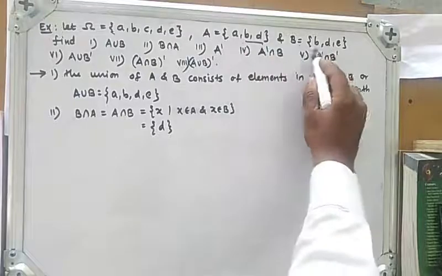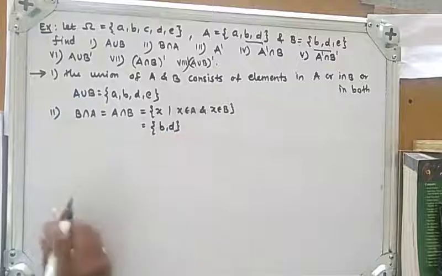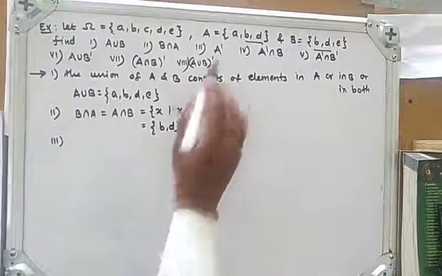B and D are the common elements. So I will write here B and D. This is the intersection.